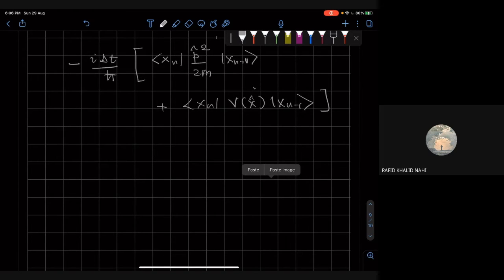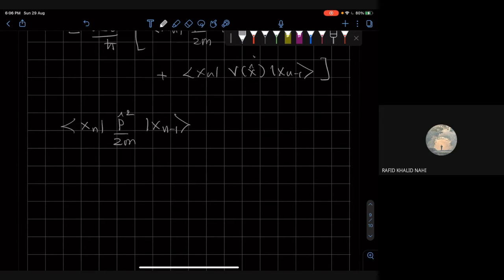So what we do is that we have x_n, p hat squared by 2m, x_{n-1}. Then we insert the identity here and decompose the identity in terms of momentum eigenstates.